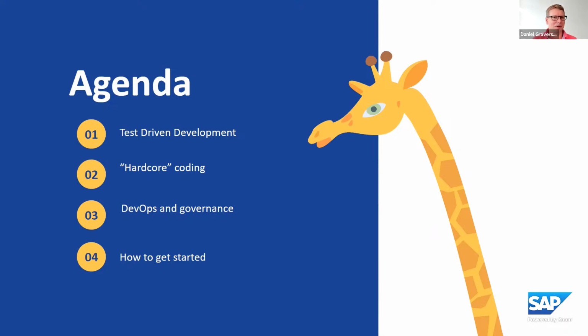Obviously, when we talk about integration, it is not often that we get into the real large coding projects. We'll talk about DevOps and governance, and then we'll go to how to get started with this. And if you have questions along the way, just put them into the chat and I'll try to cover those. And if I forget them, then put them at the end. There should also be some time for some Q&A there.